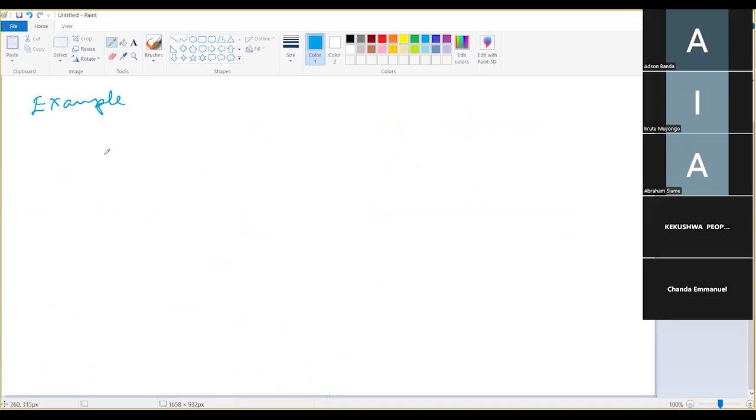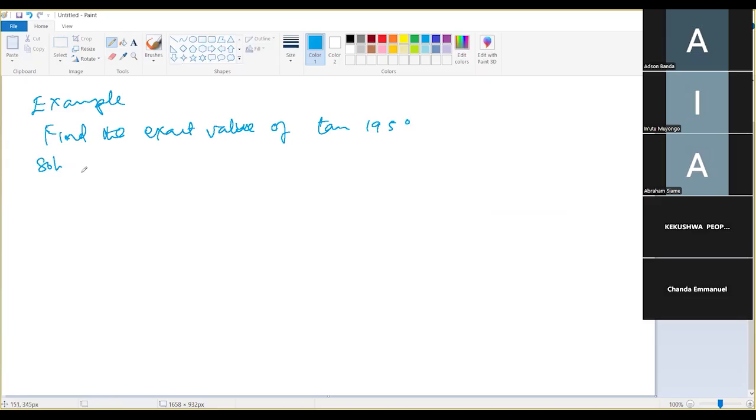Right, so let's find the exact value of tan 195 degrees.